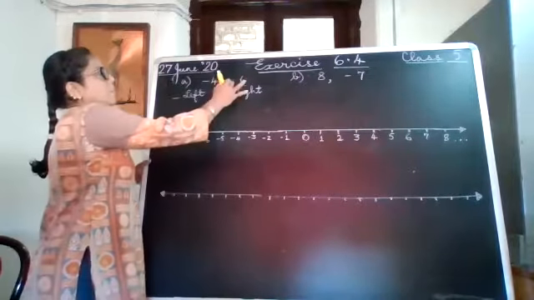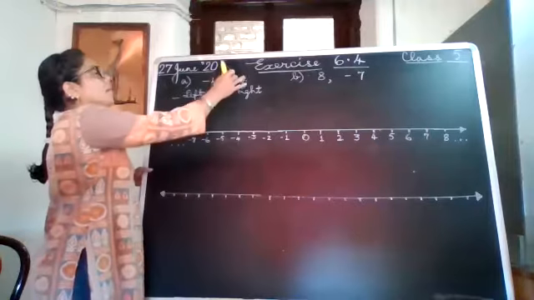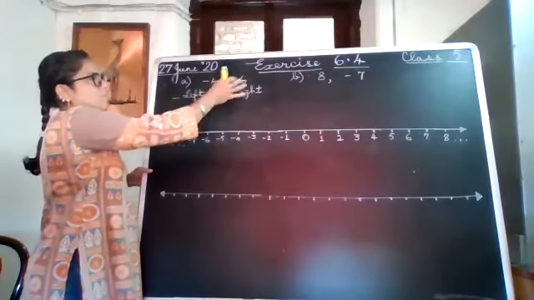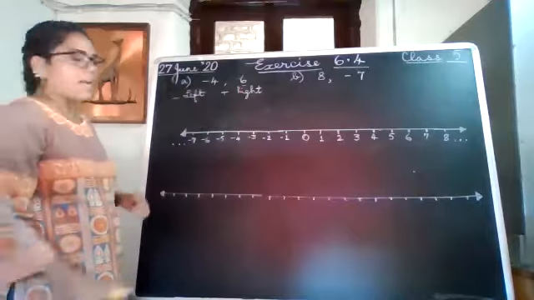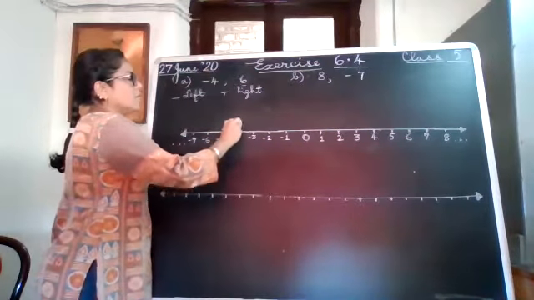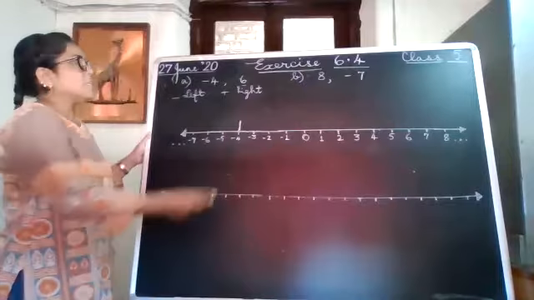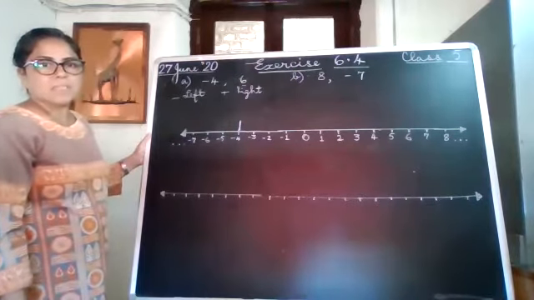Then plus 6. No sign means it is plus sign. If it is plus, we have to move to the right. So we are here now. From here, I have to move 6 places to the right because it is plus 6.